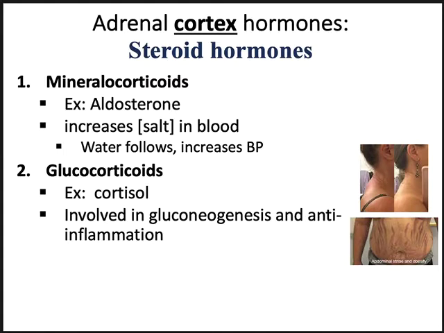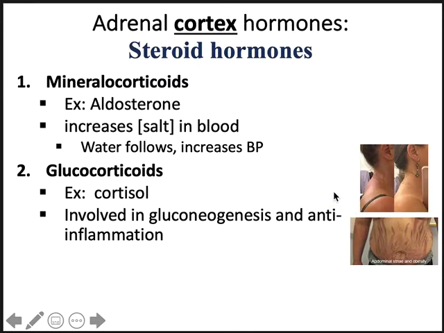Okay. Moreover, the images that you see here show what can happen when you have excessive or high amounts of cortisol. You can get what's called a buffalo hump, which is fat deposits right on the base of the neck. Okay. And you can Google that and you can see more pronounced examples.